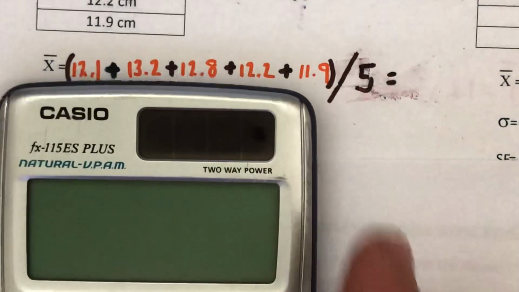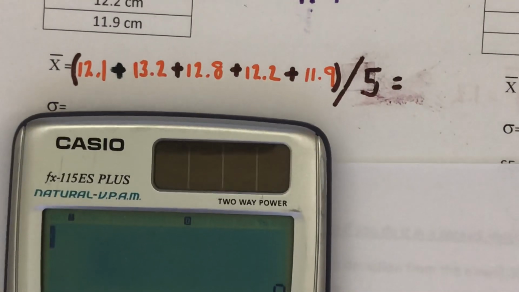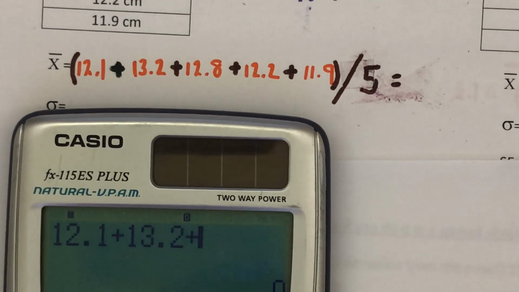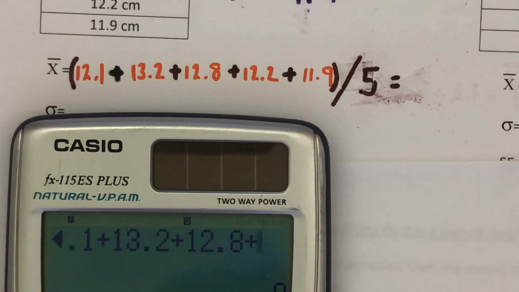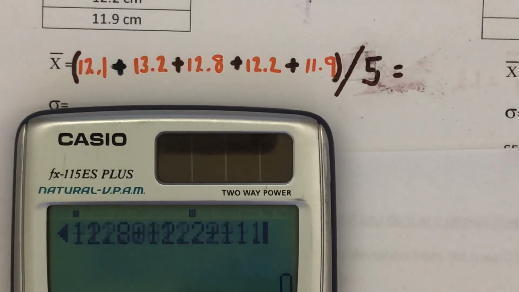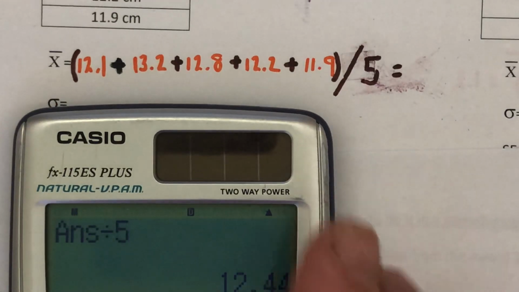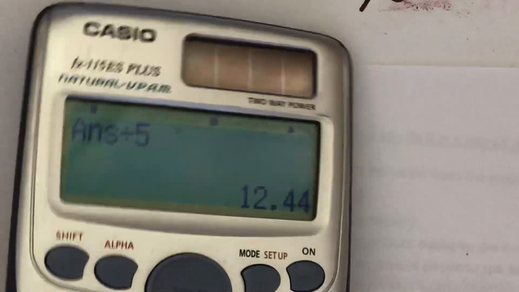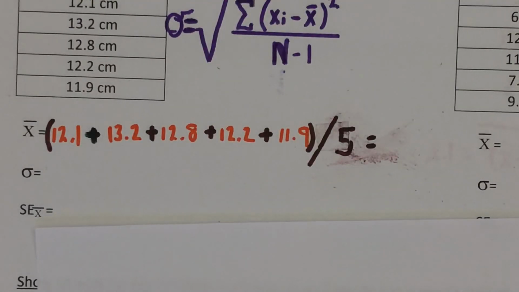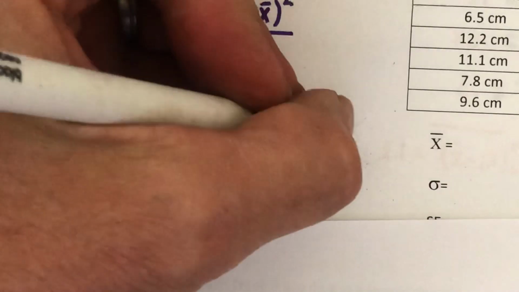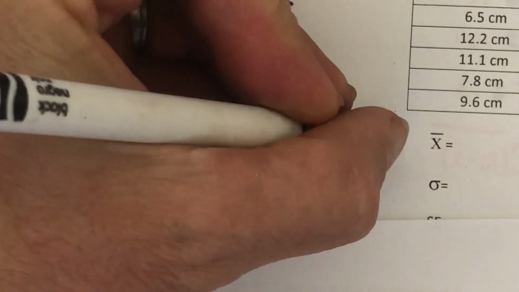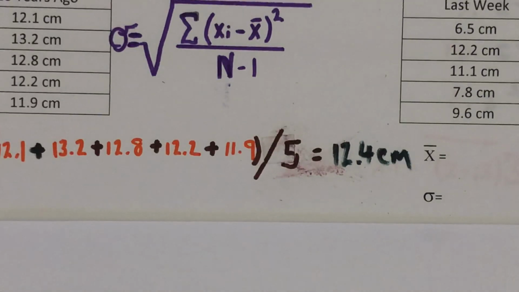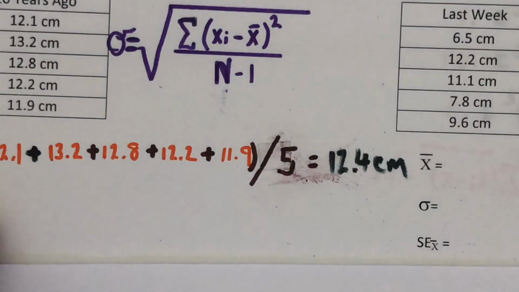So there's my 5 starfish: 12.1 plus 13.2 plus 12.8 plus 12.2 plus 11.9. Divide that by 5. If we stick with sig figs, we're going to say 12.4. We have an average of 12.4 centimeters.